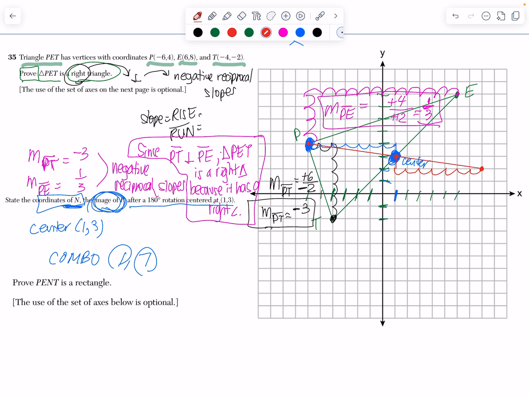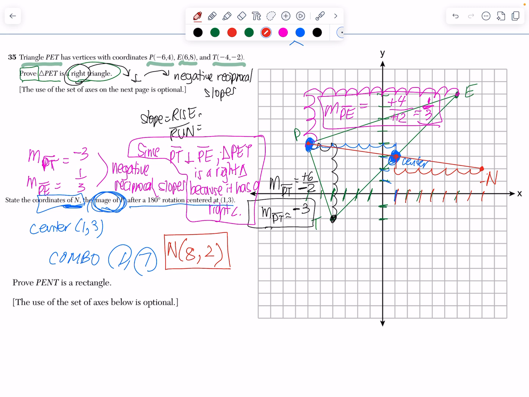And it is 180 degrees. So this point here would be point N. And so point N would be 1, 2, 3, 4, 5, 6, 7, 8, so (8, 2). Using this combo, you're going to have to do trial and error and make sure that it makes the correct degrees.